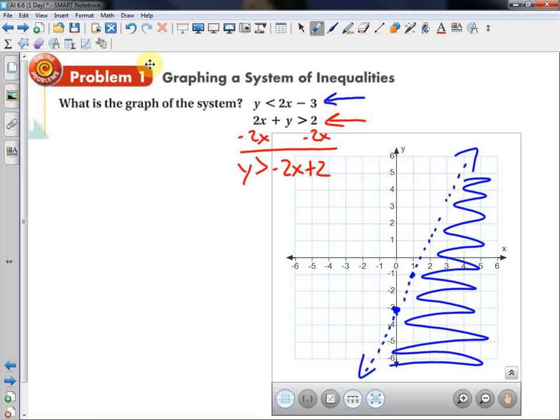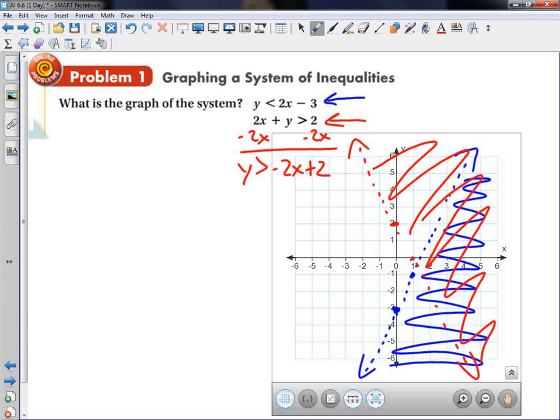Starting point's at 2. Here's my starting point. And my slope is down 2 over 1. And we said it was dotted. There we go. And since it's y is greater than, I know I'm going to be shading above this line. So that's the above side.